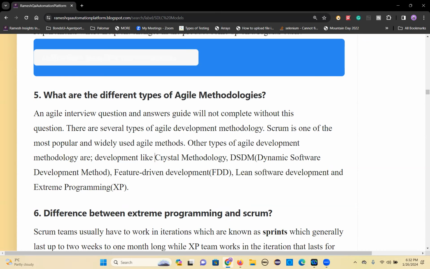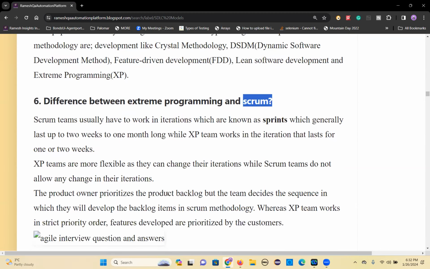I don't think I have used any of these. Only the Scrum process we used till now. Okay, feature-driven also is one I used. But the remaining ones you are not going to use anywhere. Mostly the Scrum process only will be used, even now. Many companies use the Scrum process only.